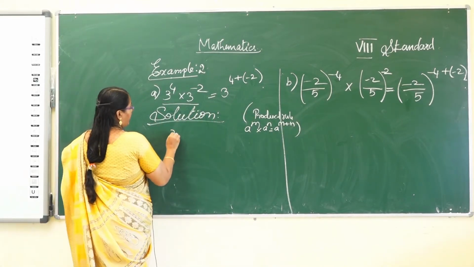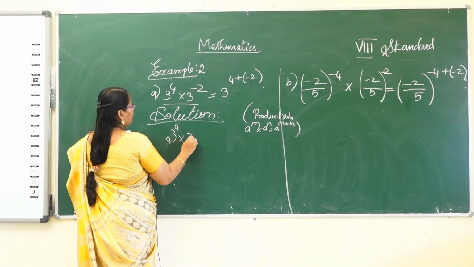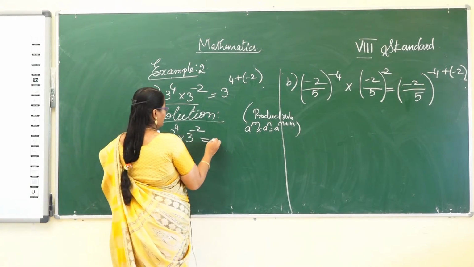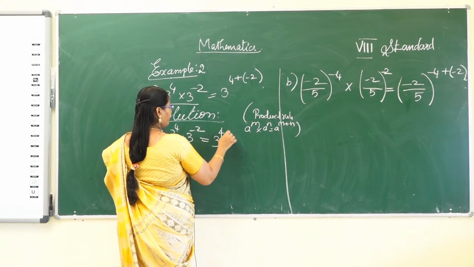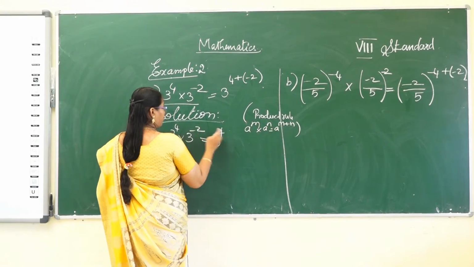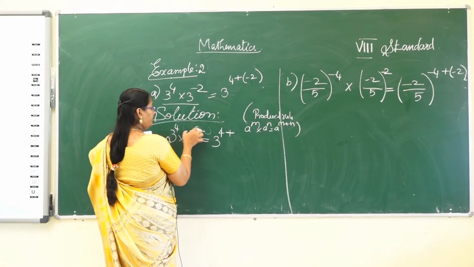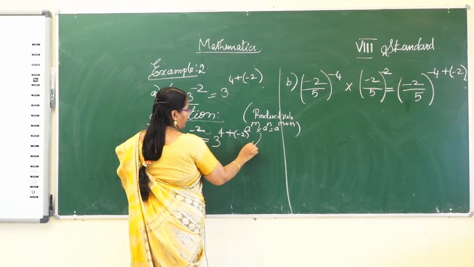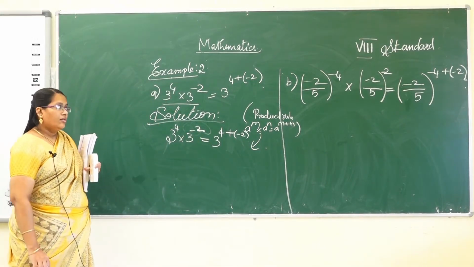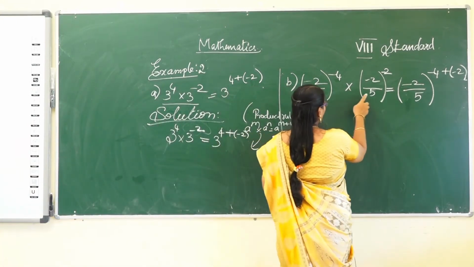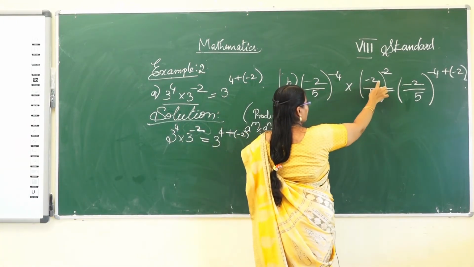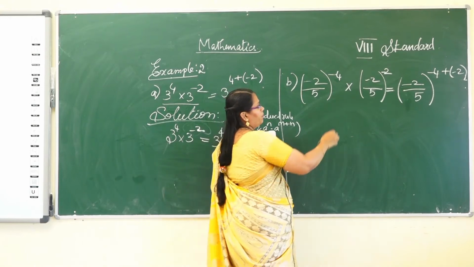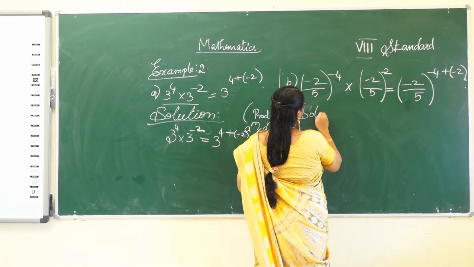So 3 power 4 into 3 power minus 2, the bases are same, so the powers will be added: 3 power 4 plus minus 2. You should write the product rule in this place. And next, here also the same base, minus 2 by 5, and in between these two numbers there is a product, so here also we follow the product rule.